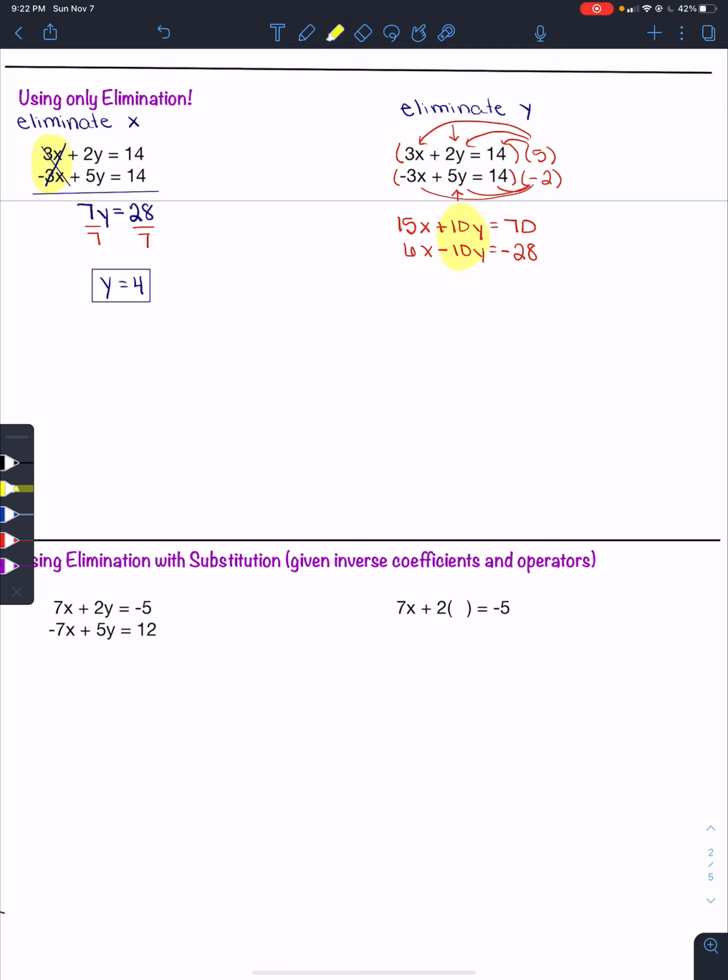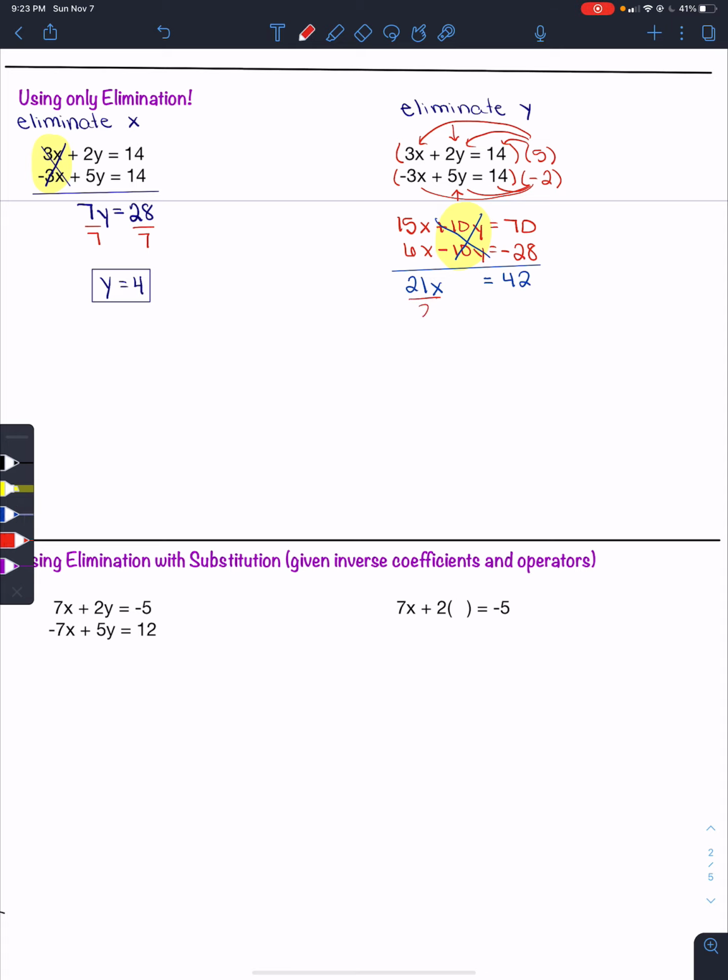And I've been able right here to find the same coefficient with the opposite operators so that I can go ahead and eliminate the y's. Okay. So those two there are eliminated. That's the goal of elimination. 15x and 6x combine to 21x equals 70 minus 28 gives me 42.